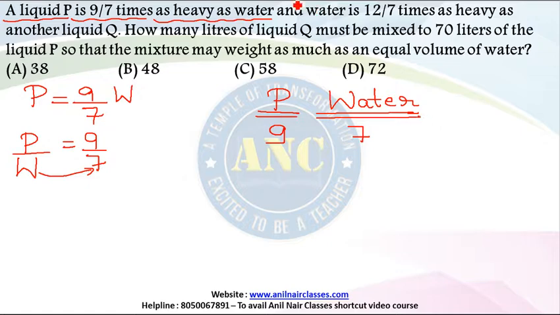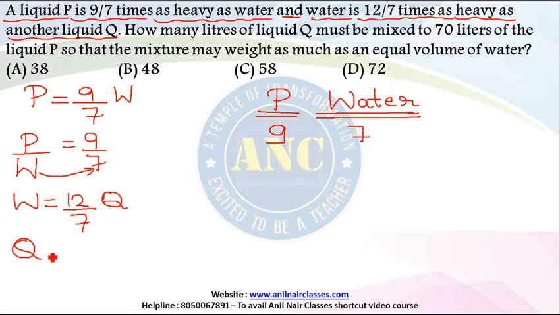Continue the statement, sir. And water is 12 by 7 times as heavy as another liquid Q. Now, what will be Q in this case? Q will be 7 by 12 times of water. But how much is water? We took the water value as 7.